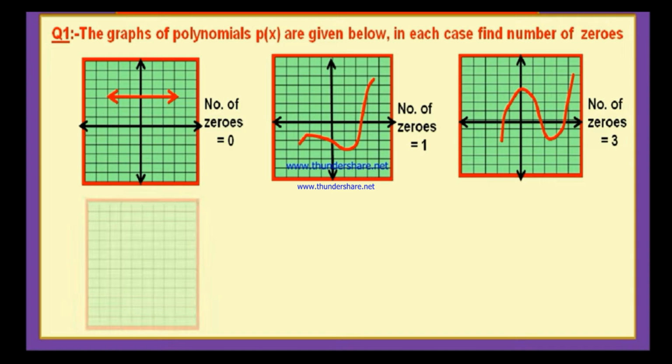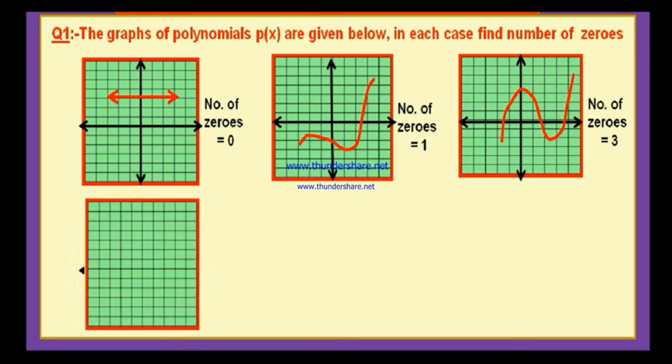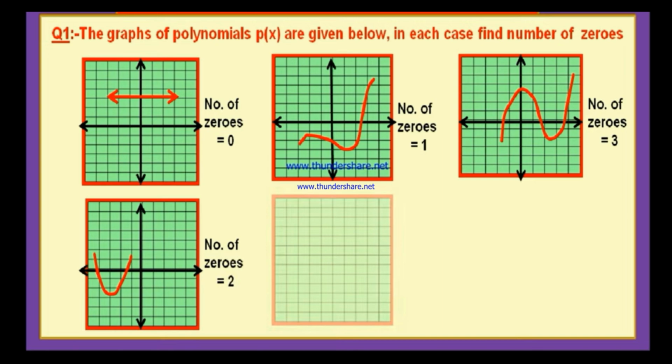Okay, look at question number 4. In this, again I have given x and y axis, and this is the given curve. This curve is intersecting x-axis at 2 points. This is the first point and this is the second point. Since it is intersecting at 2 points, the number of zeros of this graph is equal to 2.